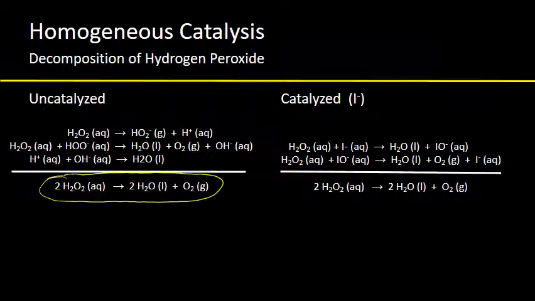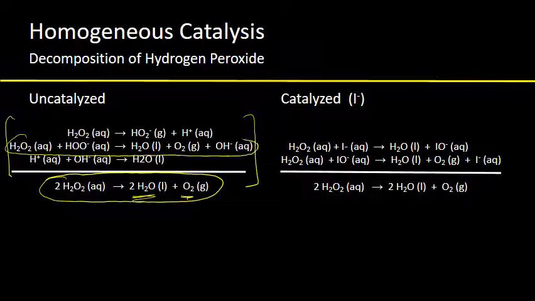Hydrogen peroxide, like we have in the lab and like you can buy at the drugstore, will spontaneously decompose to give you water molecules and oxygen. The process, as shown here, right, is very, very slow, particularly because of this second step here that has a very high activation energy.